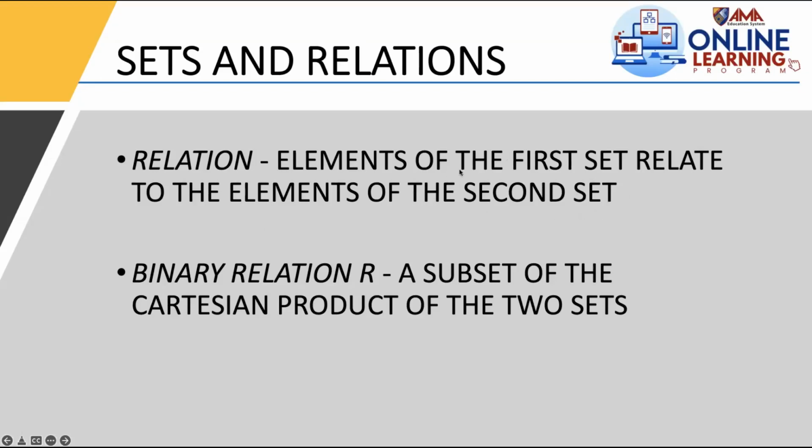Because in high school class, when we talk of ordered pairs, it is in the context of real numbers, but in this class, it's more general. That's why the first set relates to the elements of the second set. So it's possible we do not deal with real numbers only. The sets are not only real numbers; they can be other collections of objects. But yeah, we can still think about relation as a set of ordered pairs.